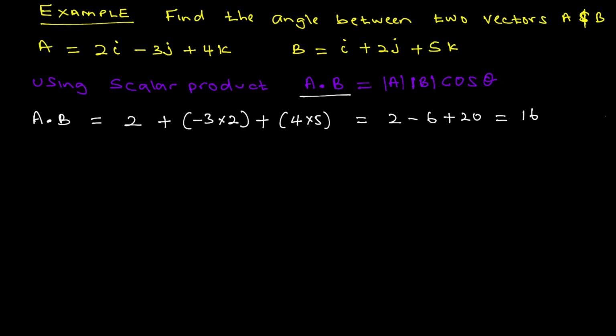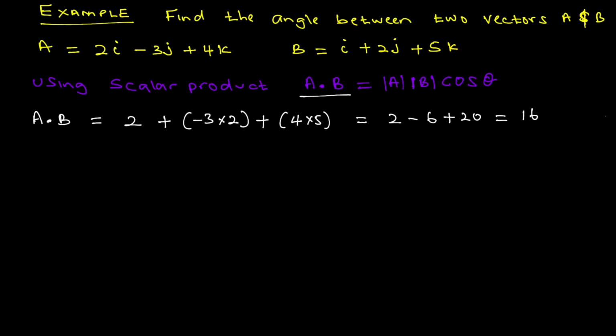But we couldn't do 2i times 2j, because j times i is 0, so that would cancel anyway, 4 times 0 is 0. Likewise, we couldn't do 2i times 5k, because that would be 10 times 0, and i times k would be 0.